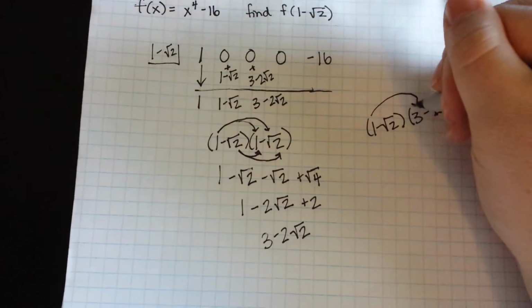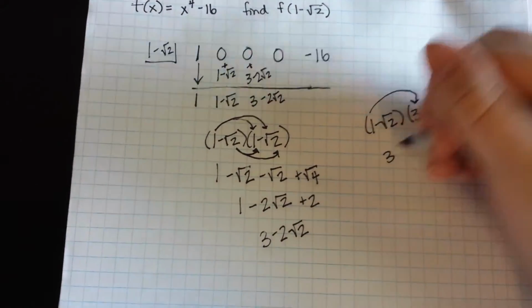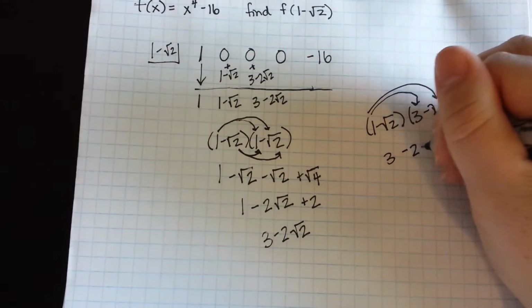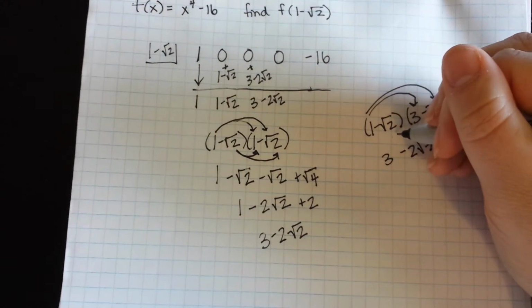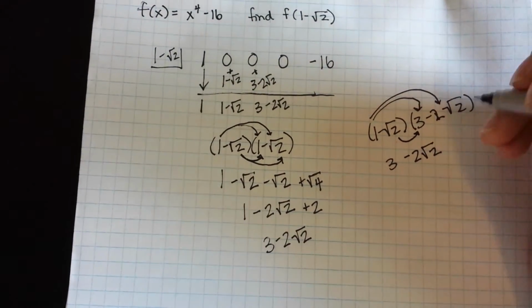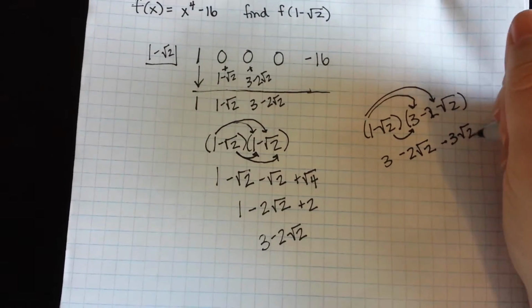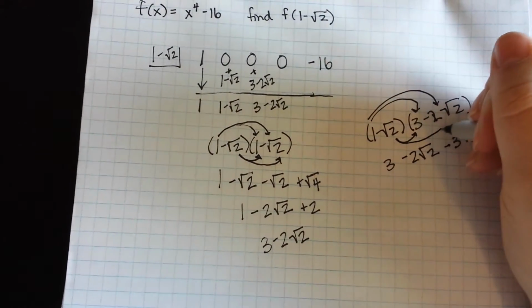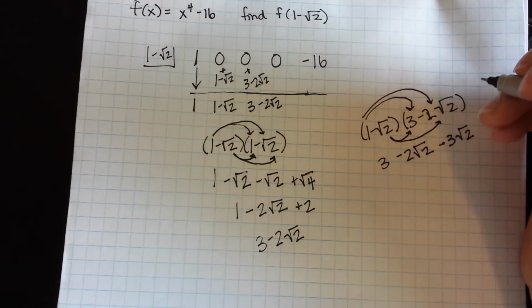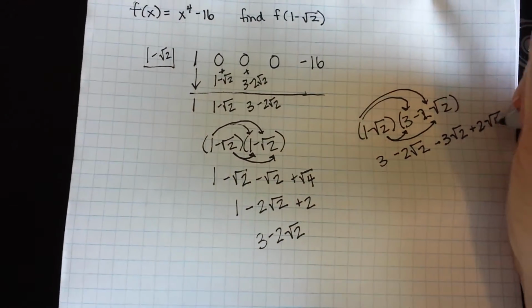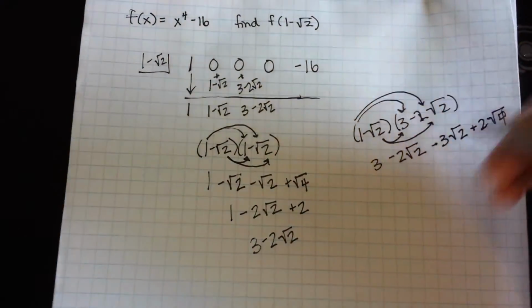So FOIL, 1 times 3 is 3. 1 times negative 2 square roots of 2 is negative 2 square roots of 2. Negative square root of 2 times 3 is negative 3 square roots of 2. And negative square root of 2 times negative 2 square root of 2 becomes positive 2 square root of 4.